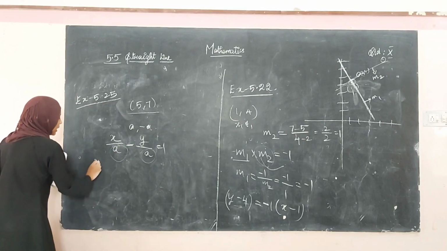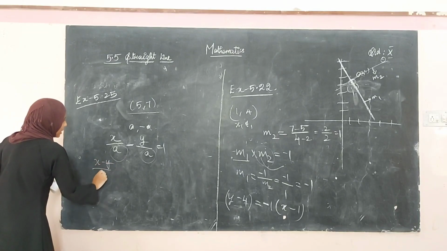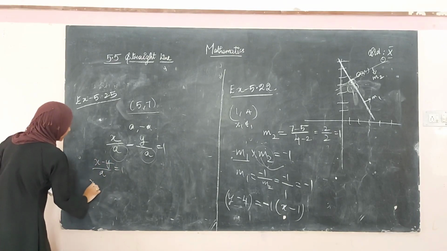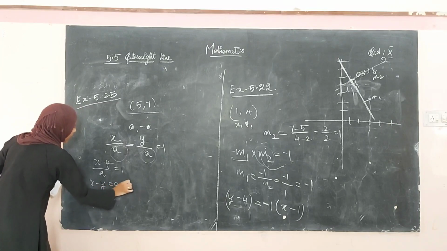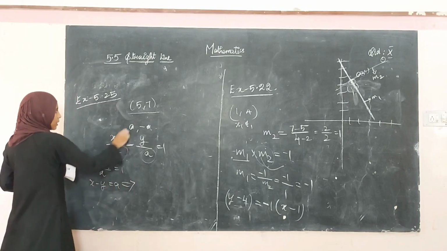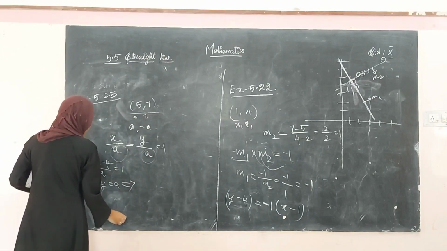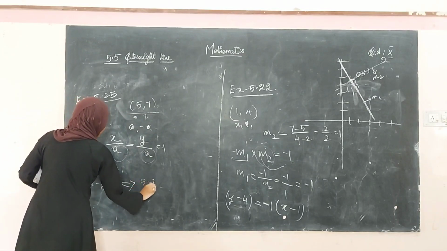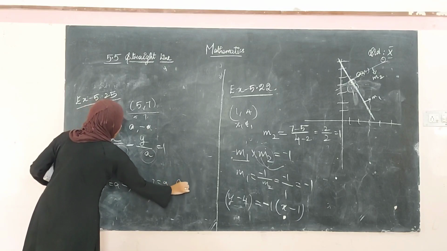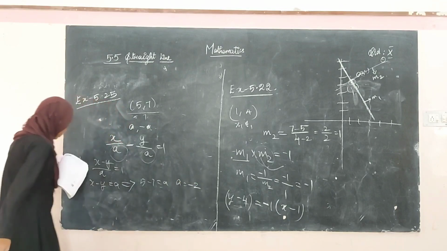So this is (x minus y) divided by a is equal to 1. That is x minus y is equal to a. What is x? x is 5 and what is y? y is 7. So 5 minus 7 is equal to a. So the value of a is equal to minus 2.